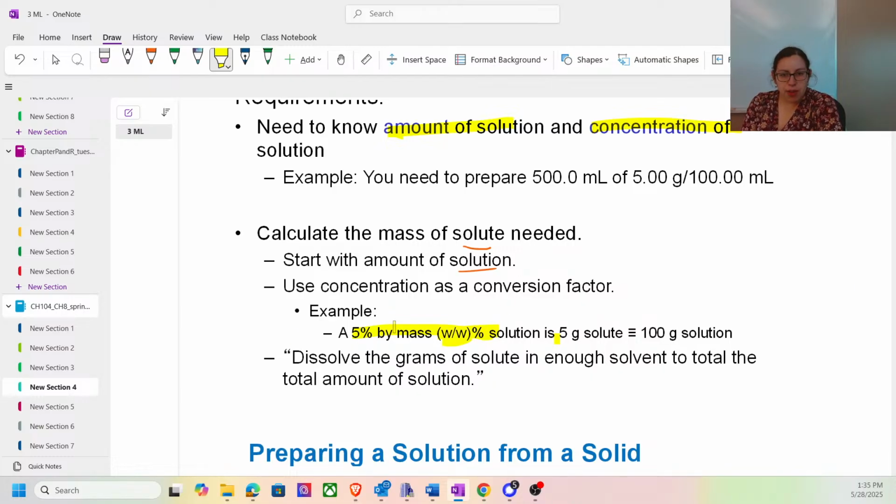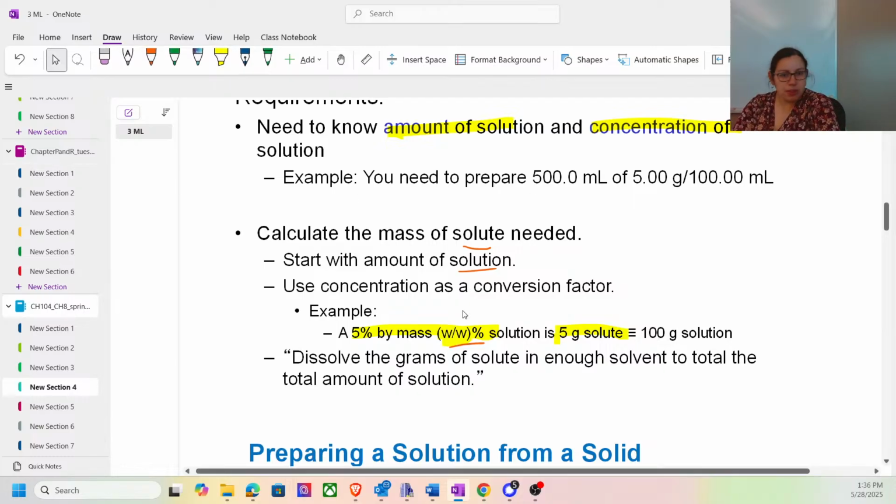If it's 5% by mass, the easiest way to treat percentages is to think of it as a part over 100. So 5% by mass, literally what is that saying? 5 grams of solute for every 100 grams of solution. So just pay attention to what unit they're giving you the concentration in.